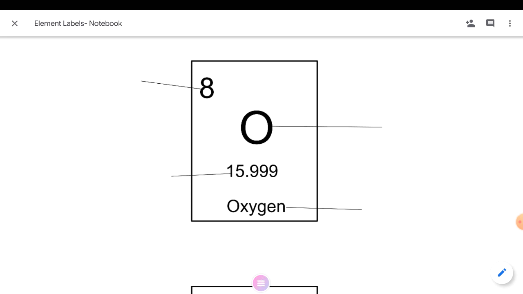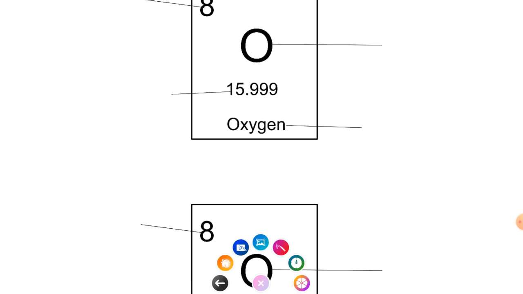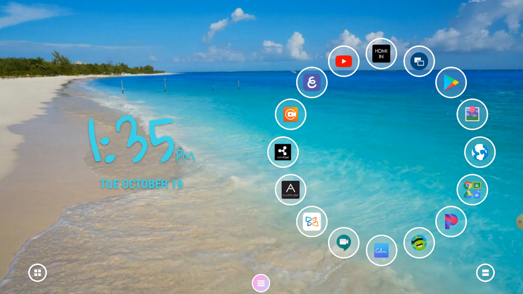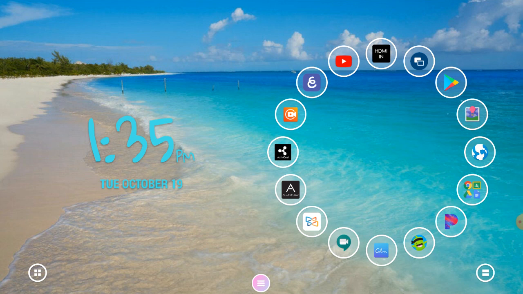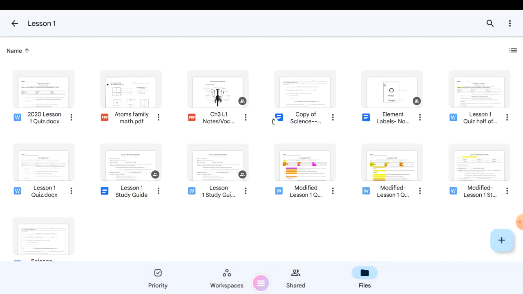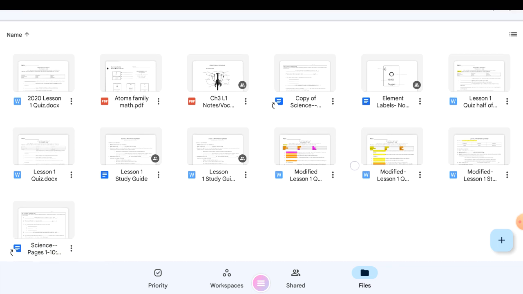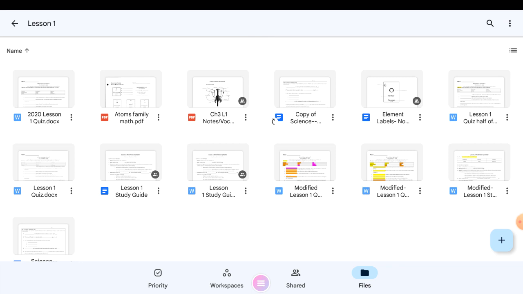Okay? I'm going to pull up a different sheet. I want you guys to find the paper on your desk that says Adam's Notes. Adam's Family. No. Elements Notes.